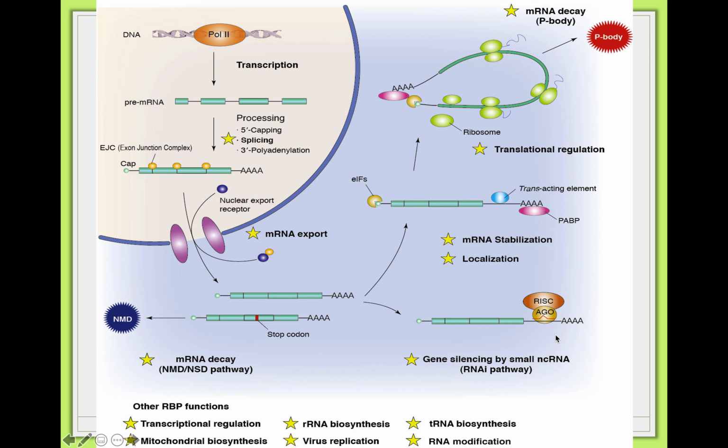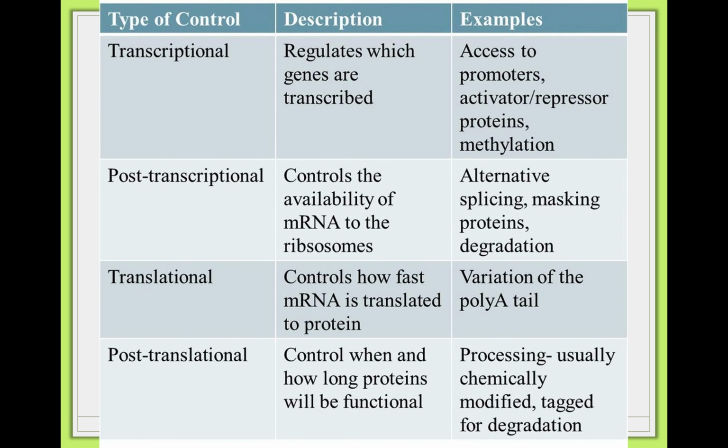Apart from that, there is sometimes an RNAi pathway, gene silencing by small non-coding RNA, which determines how the genes behave and which protein is translated. It also tells you of other RBP functions. Because we are only focusing on the mechanism and regulation of gene expression, I'm not going to go too much into translation, which is more complex.